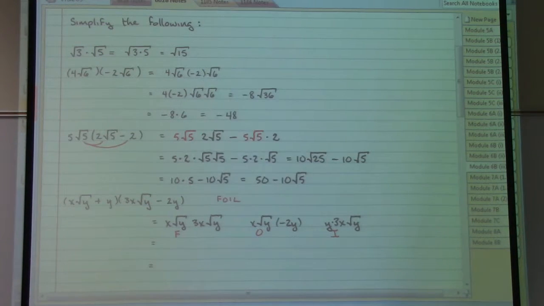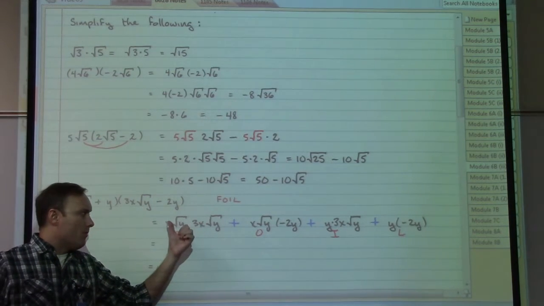And last, our L, where we would have y times our negative 2y. And we said that as part of our first step of FOIL, we would always begin by having addition in between all of those pieces. Then we start looking at these. We would have 4 separate smaller multiplication problems to work out.